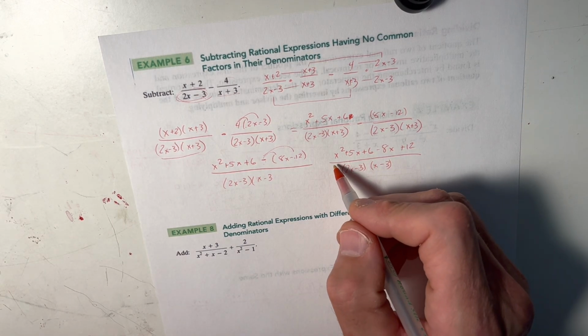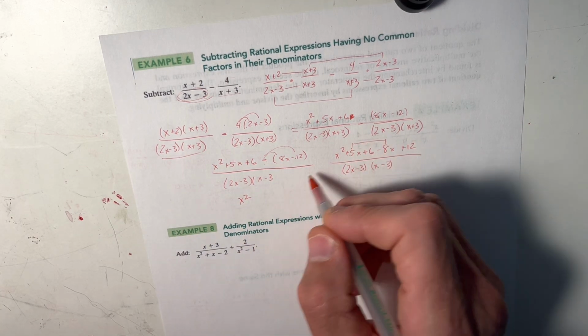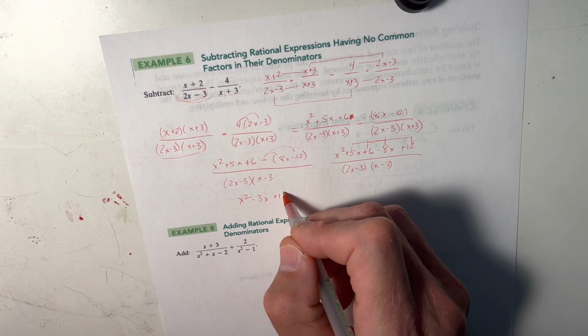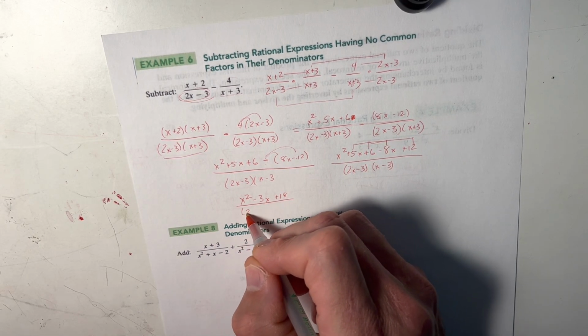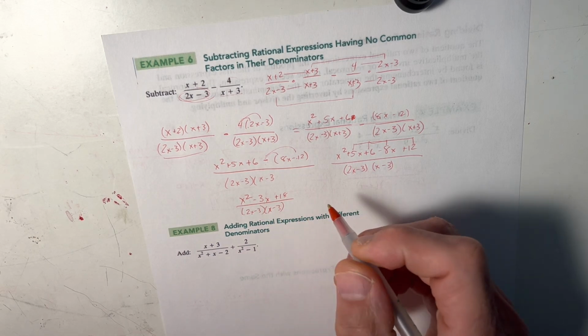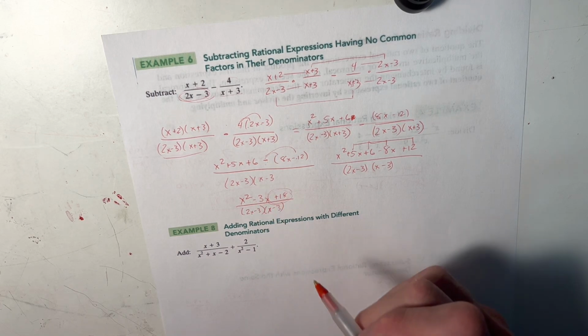All right, cool. Now I can combine my like terms, and I get x squared, positive 5 and negative 8 gives me a negative 3x, and then plus 6 and plus 12 gives me a plus 18, divided by 2x minus 3 and x plus 3. Cool. Awesome. All right, so now what are my factors of positive 18 that add up to negative 3?